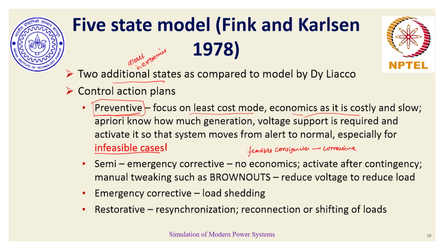As and when required, the operator can change the system operation or change the settings so that these feasible contingencies can be catered for. Those measures are what are known as the load shedding method or intentional tweaking of the voltage at the receiving end, which is also known as brownouts. By reduction of voltage, if there is a voltage dependent load, then the load at the receiving end also would go down, which would eventually bring down the load consumption.